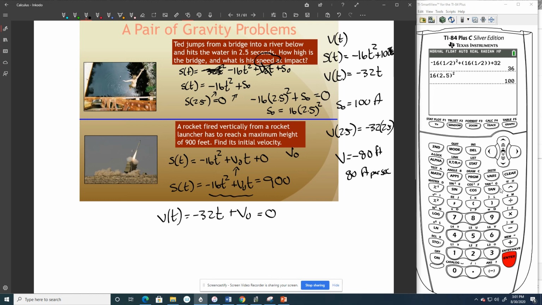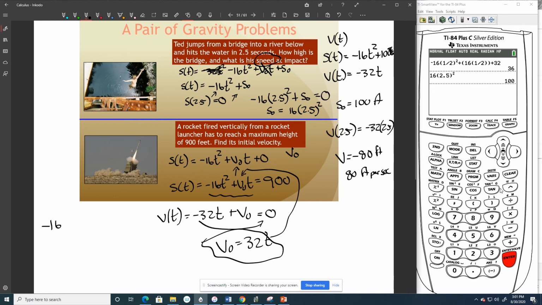Okay, I want my velocity to equal 0. If negative 32t plus V naught is 0, and I move the negative 32t over, then V naught is just 32 times the time that I've been going. So I can plug this in as my velocity right there.